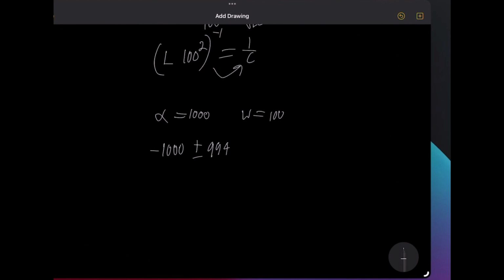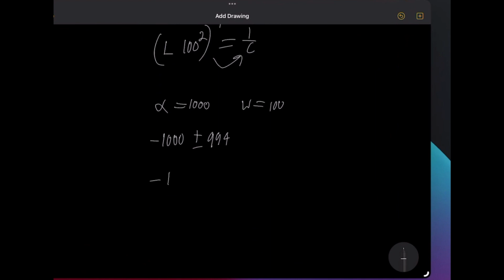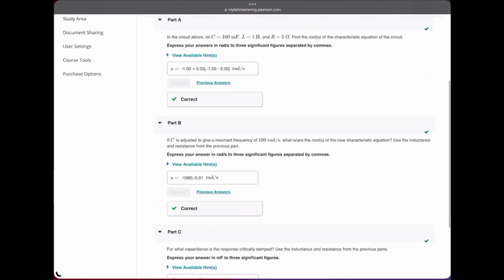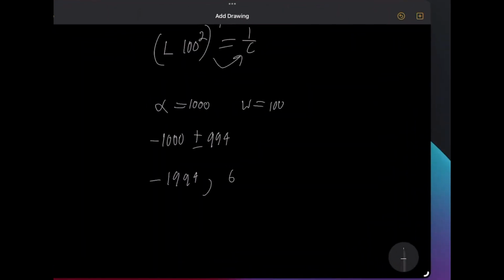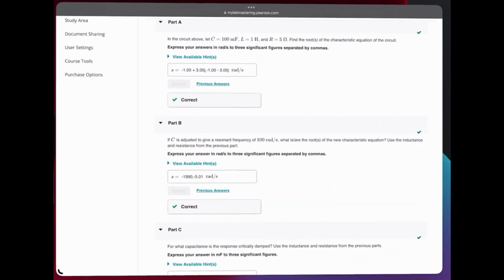So our real roots are going to be negative 1994, and the other one's going to be like 6. They round it somewhere.